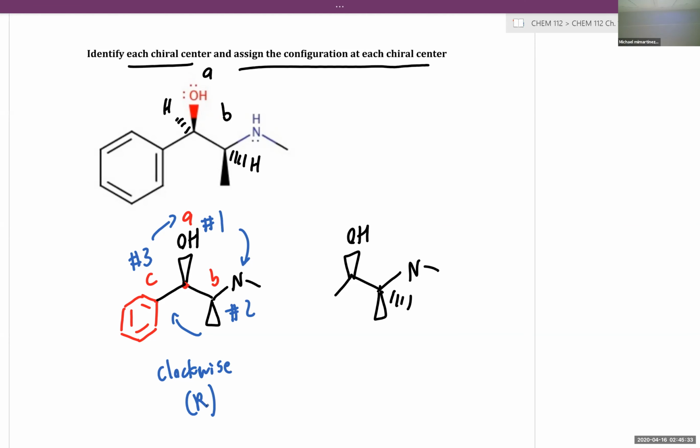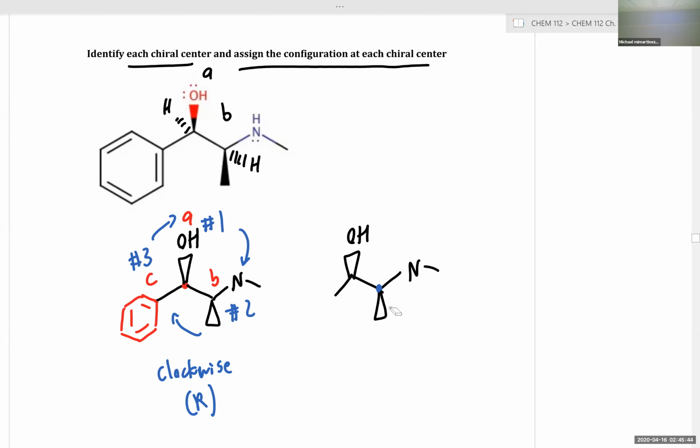Okay, let's focus on our next stereocenter. So, ignoring hydrogen, because hydrogen's in the back, which group gets the highest priority, A, B, or C? A, yep, that's exactly right. What gets the next highest priority?